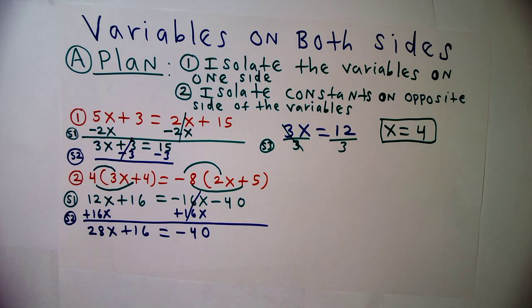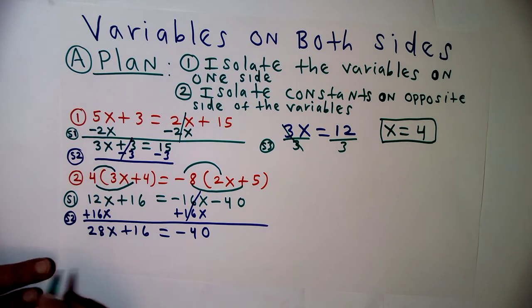So now I have a two-step equation, but at the same time, also to remind you, since I isolated a variable to the left, now the constant here will go to the right side. So I need to undo now the plus 16.